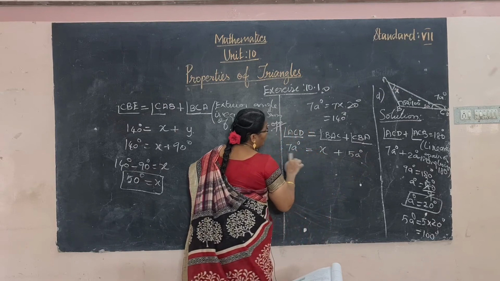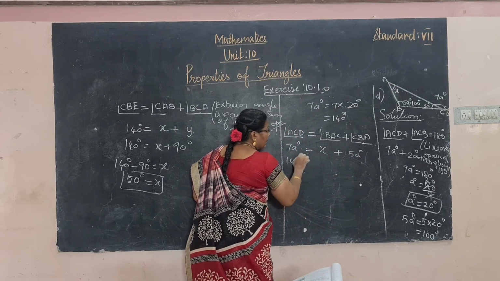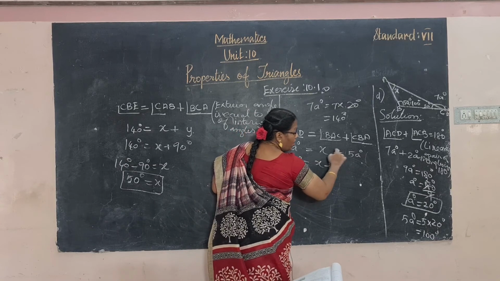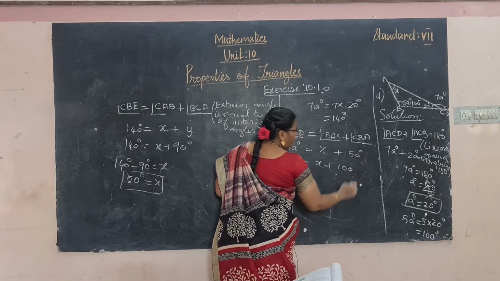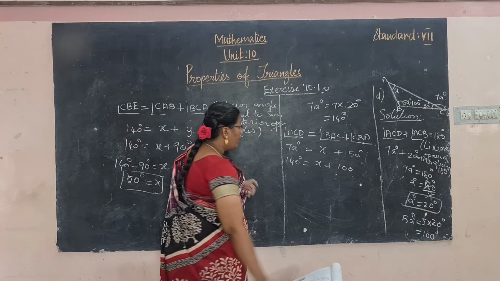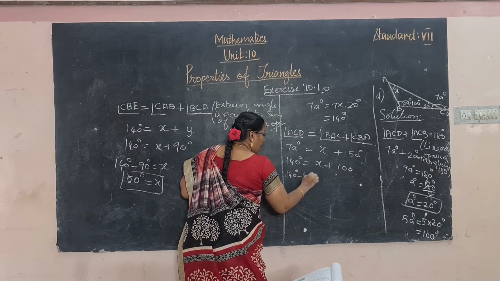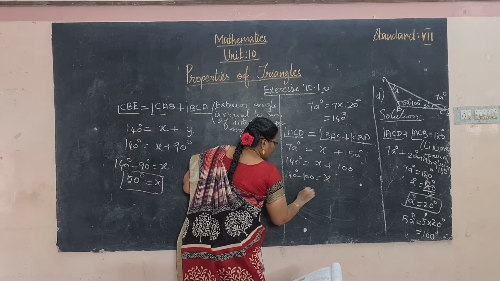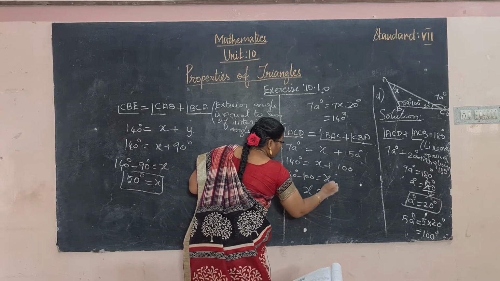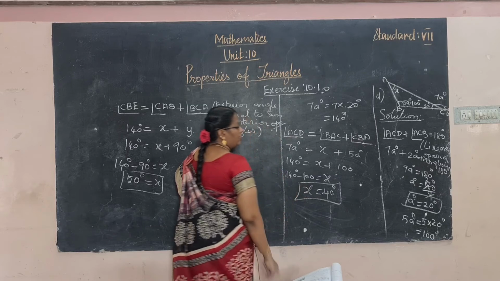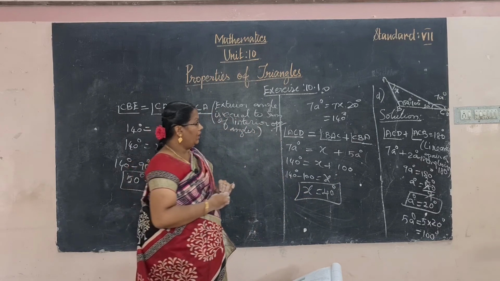We already found these values. So 140 degree is equal to X plus 100 degree. Now subtract: 140 degree minus 100 is equal to X. Therefore X is equal to 40 degree.